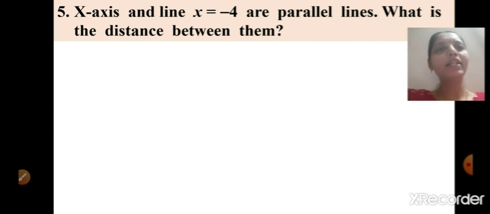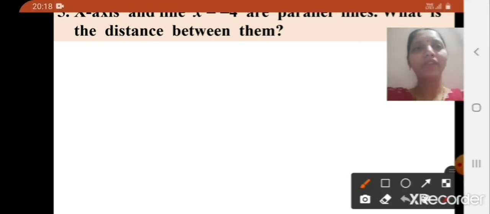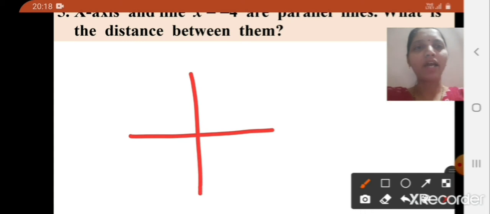The x-axis and the line x is equal to minus 4 are parallel lines. What is the distance between them? Now the line which has the equation x is equal to minus 4 must be parallel to the y-axis. So first you have to draw the x-axis and y-axis.